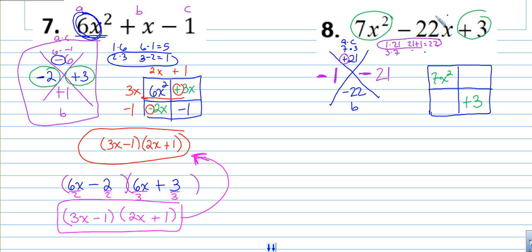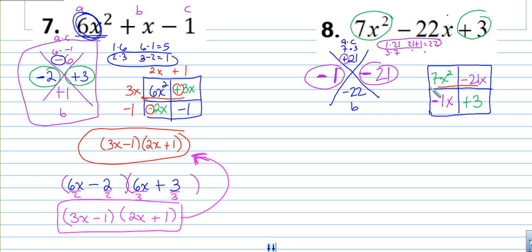And then this B term was broken up into these two things. So I'm going to take my negative 1 and my negative 21, negative 1x and negative 21x. Okay? Negative 1 plus negative 21 is negative 22. So that's where that comes from.